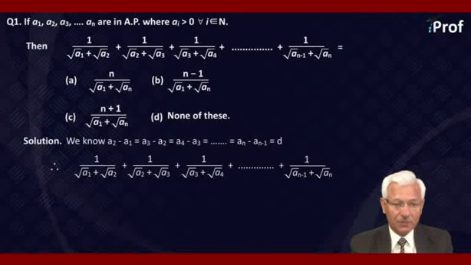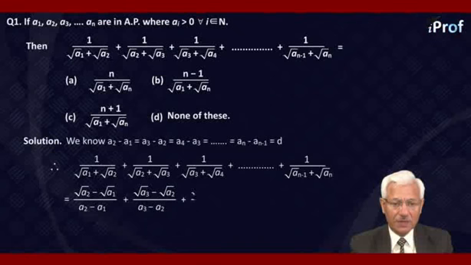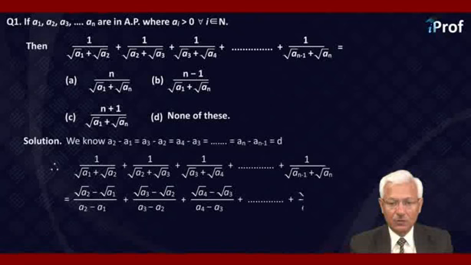Therefore, the first term becomes square root of A2 minus square root of A1 divided by A2 minus A1, plus square root of A3 minus square root of A2 divided by A3 minus A2, plus square root of A4 minus square root of A3 divided by A4 minus A3, plus so on, plus square root of An minus square root of An minus 1 divided by An minus An minus 1.